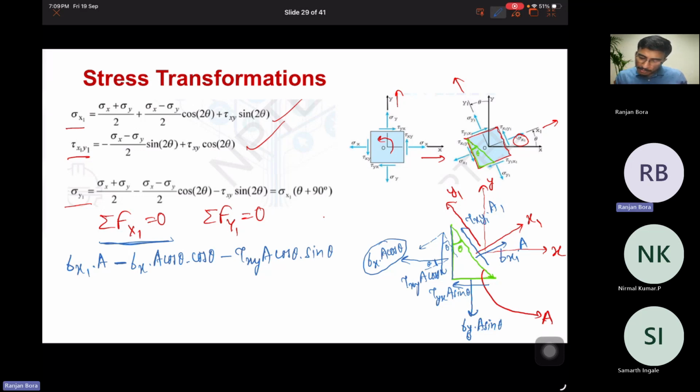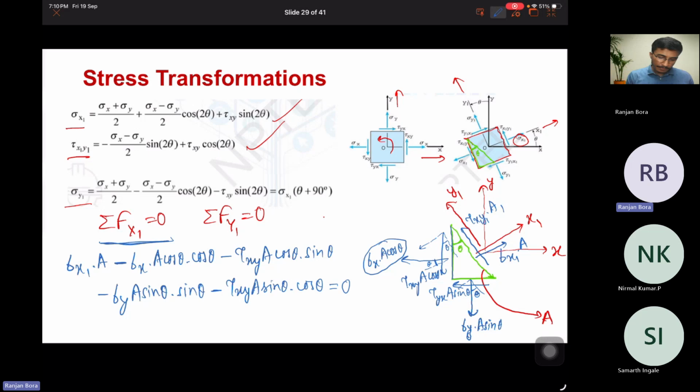The component of sigma y A sin theta will be minus sigma y A sin theta, with sin theta. And the component of tau xy A sin theta will be with cos theta is 0.